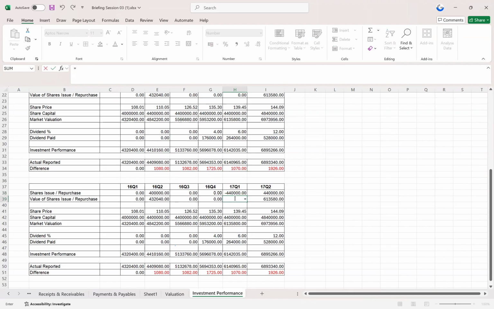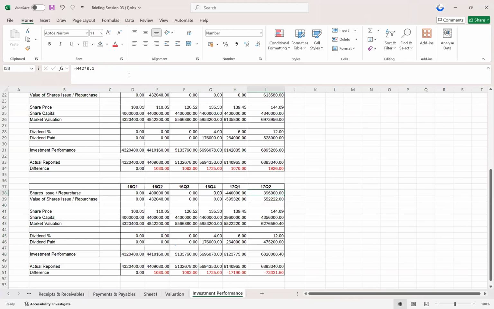So the value of repurchase would be this into this divided by 100. This would come here. My value of share capital would be this plus this. This will become my this. My dividend would be G42. And this will be my investment performance now.